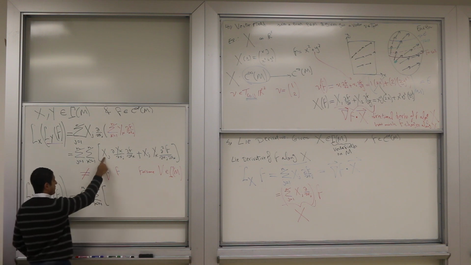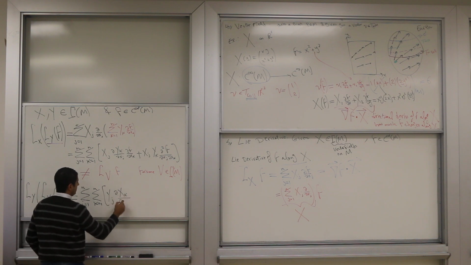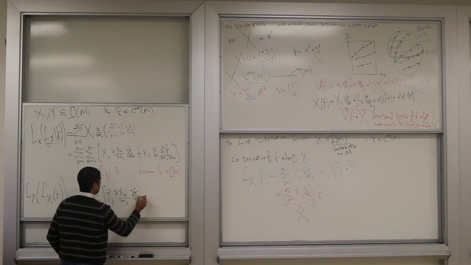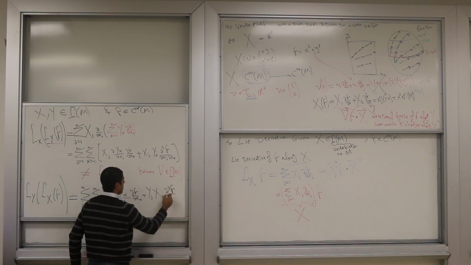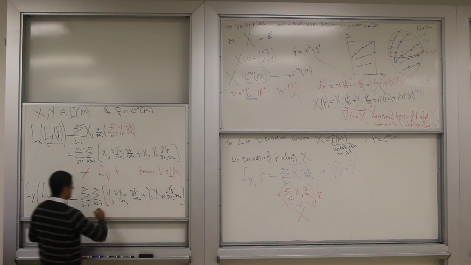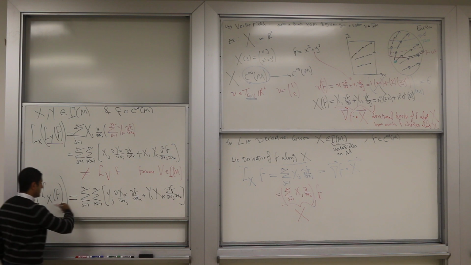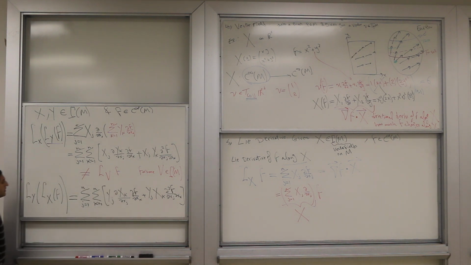I'll replace x's with y's, so this is y, x here. And again, I have the second derivative, it's the same thing. So this expression is not the Lie derivative of your function along a vector.